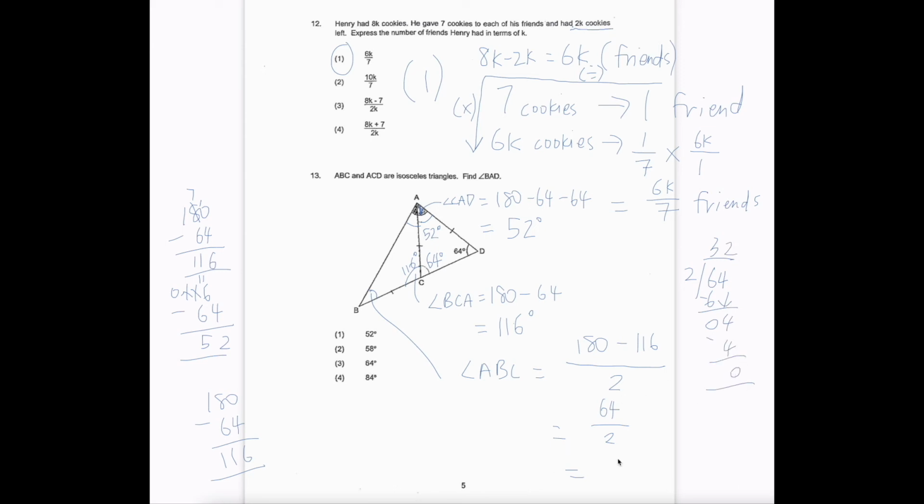Okay, so my answer is 32 degrees. This is 32 and this is also 32. Okay, so in total, angle BAD would just be 32 plus 52. Okay, always do working. I mean, you can mental calculate and all, but doing working will eliminate all careless mistakes. So my answer is number 4.